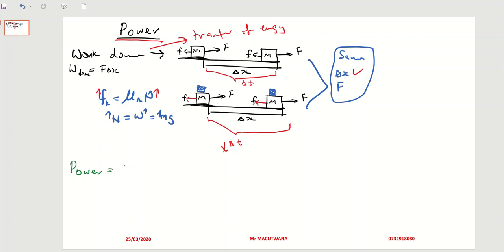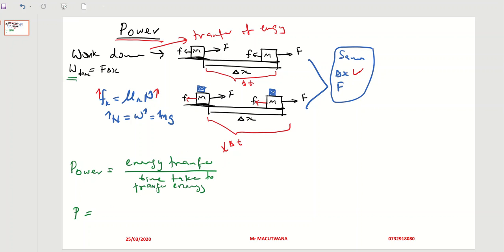We'll give it a formula saying that this power will be energy transfer divided by time taken to transfer such energy.